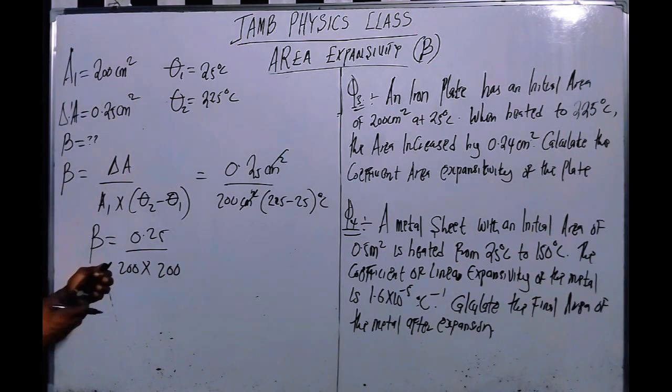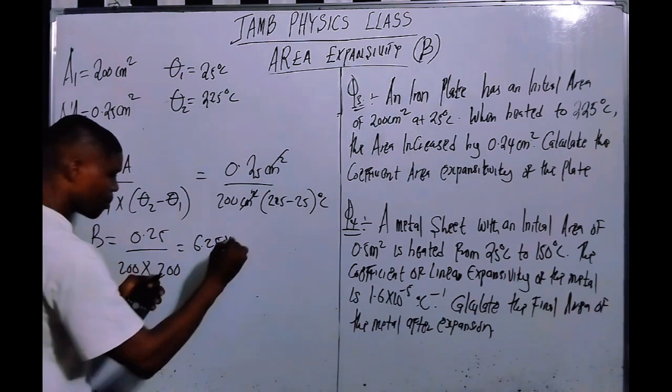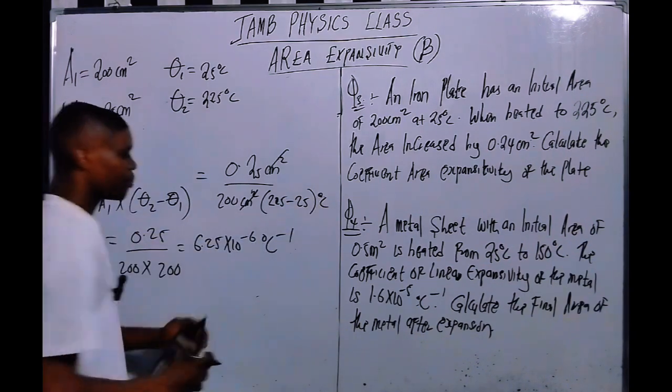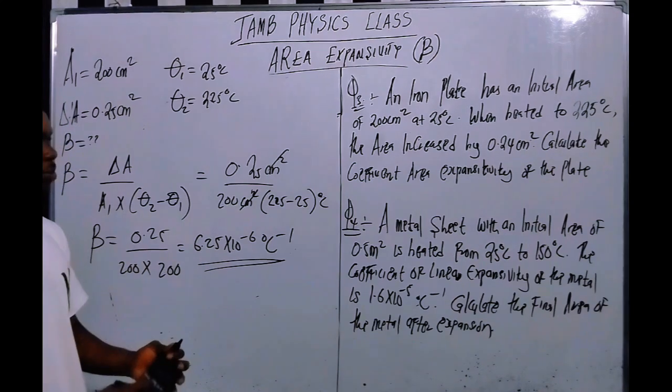So it's going to be 0.25 divided by 200 times 200. Here we have 6.25 exponential minus 6. What is the unit? Per degree centigrade. Do you understand? So this is the answer.